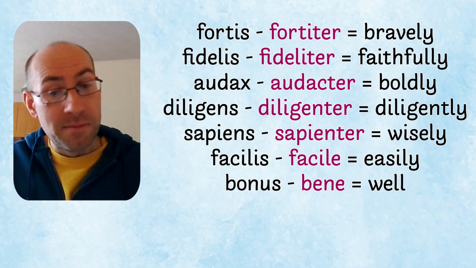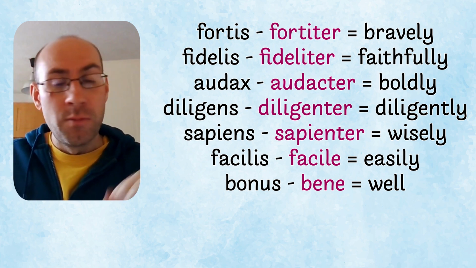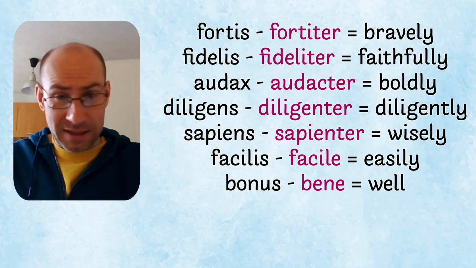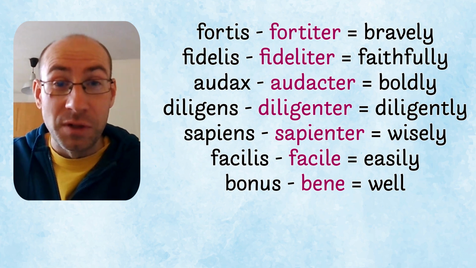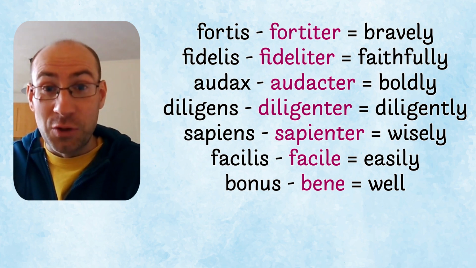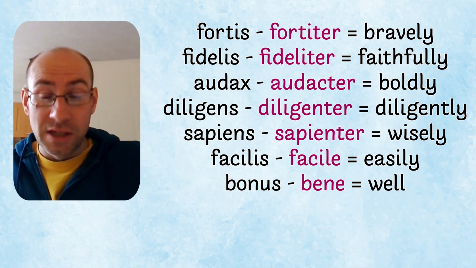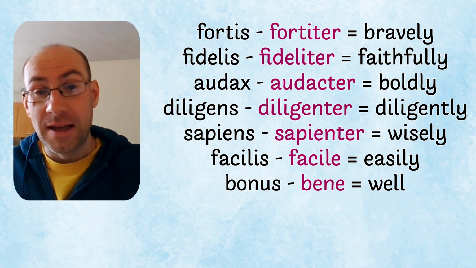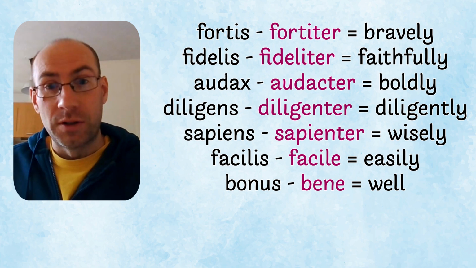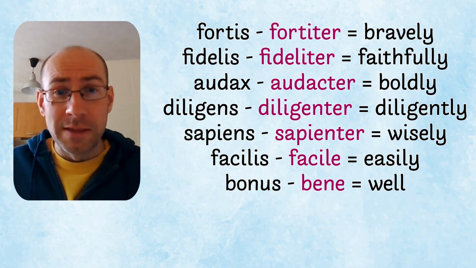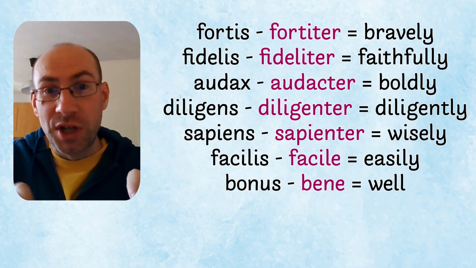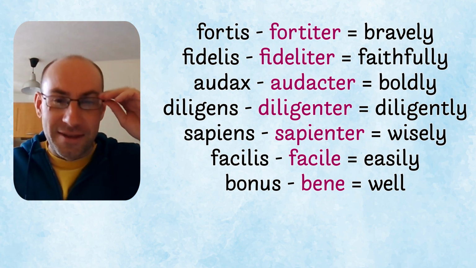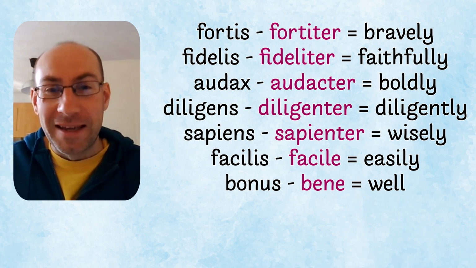And as I said before, it doesn't matter if it's male or female, singular or plural, doesn't matter what case it is, it's just fortiter. Alright? So that's great news. Whereas the adjective would change depending on the case, and if it's plural, the adverb does not. So we can enjoy this moment, really, as Latin learners, because there aren't so many of these where things don't change. Everything likes to change. Thanks very much, Romans, for making our job rather difficult.